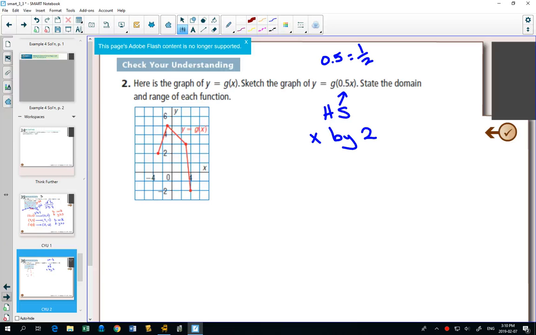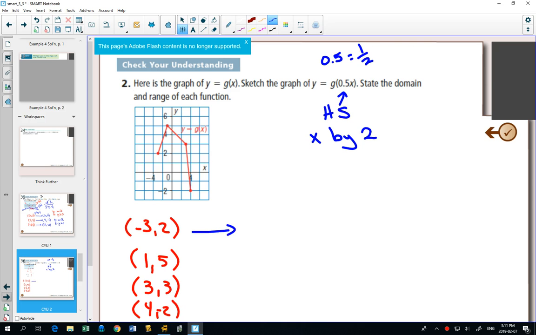On the red graph, I've got a bunch of points. I've got the point -3, 2. I've got the point 1, 5, 3, 3, and 4, -2. Those are the 4 key points on the red graph. And so if I need to multiply my x values by 2, again, above the arrow, I write out what it is that I'm going to change.